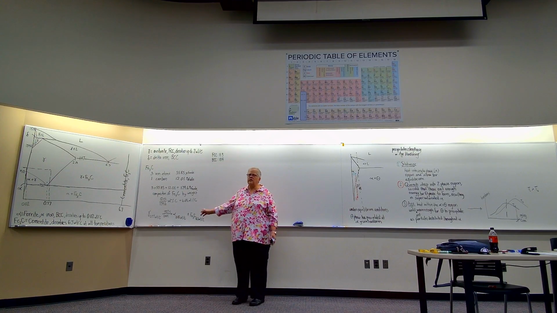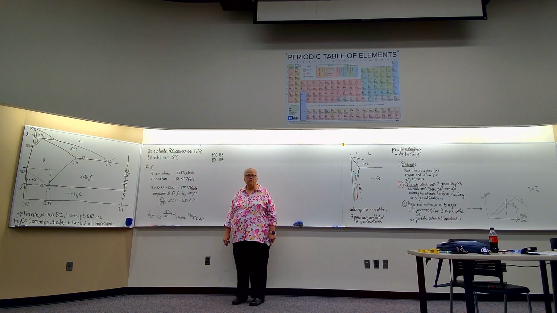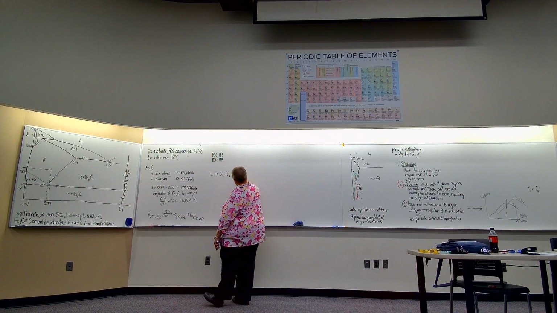Looks kind of like one that we've probably written, where we have a solid on cooling goes to two solids. What's that? Liquid on cooling goes to solid 1 plus solid 2. That was a eutectic.